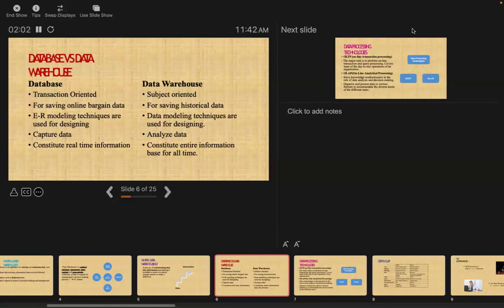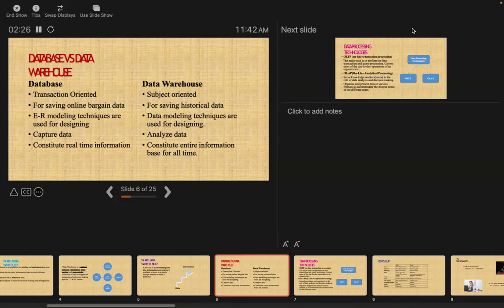Whenever we analyze our old record, only then can we find out in what part we are lagging behind and in which way we can increase the profit, right? Ultimately, we want to increase our profit, and this requires decision making.